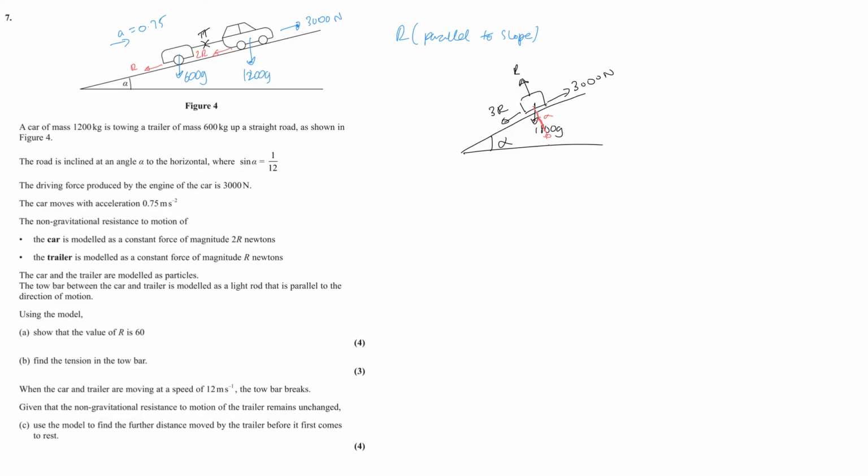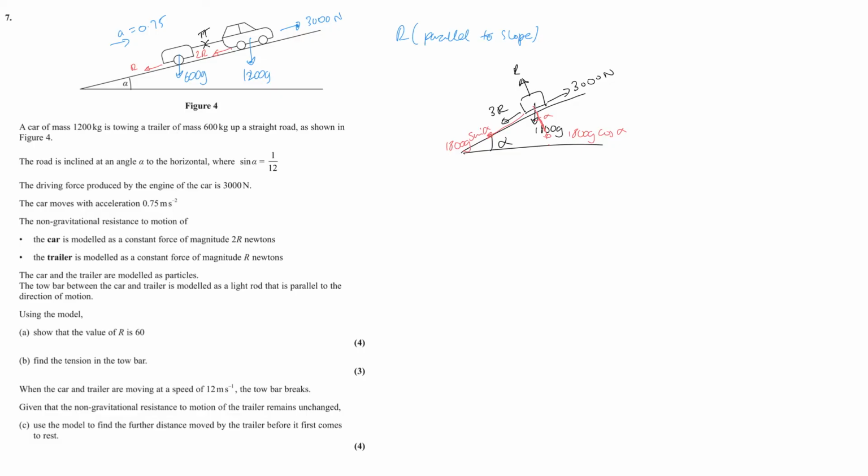So going that way is 1800 G cos alpha, and going down the slope is 1800 G sine alpha. Okay, so I'm resolving parallel to the slope, so we're not taking any angles in, we're just doing these parallel to the slope.